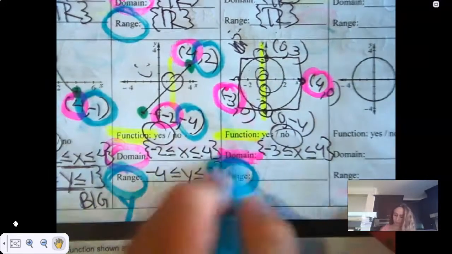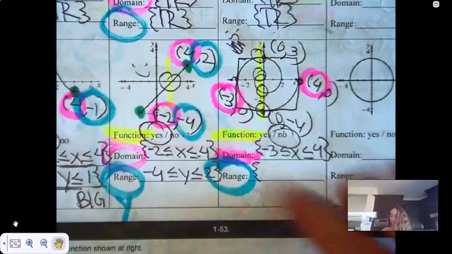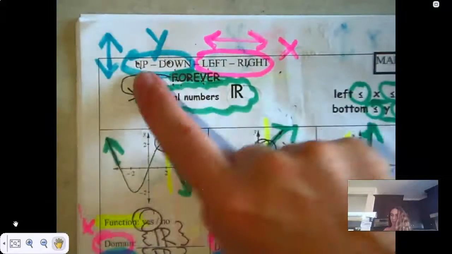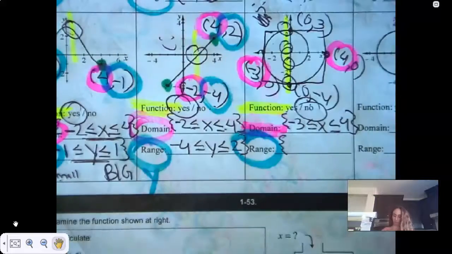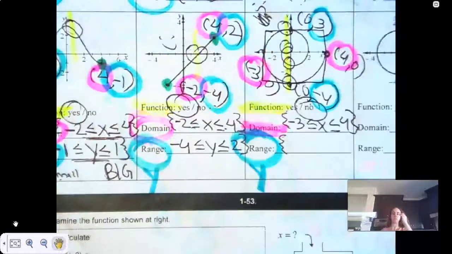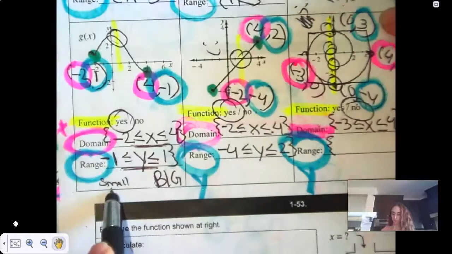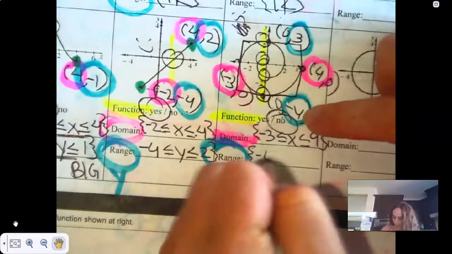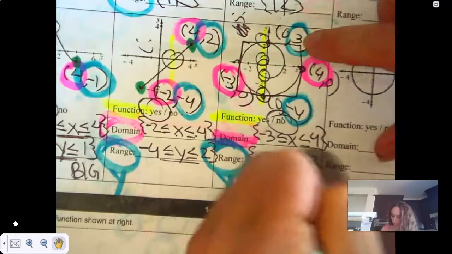And then I do my range. And I go, okay, range is up and down. So up, down. But it's my y. So this one and this one. And then I go, what is smaller? -4, less than or equal to y, less than or equal to 3.